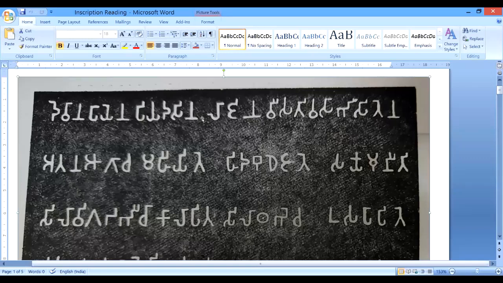Abhisikta, coronation. Okay. Atana agacha. Atana matlab swayam, swatah, khud, himself. Agacha, agatya, having come there.